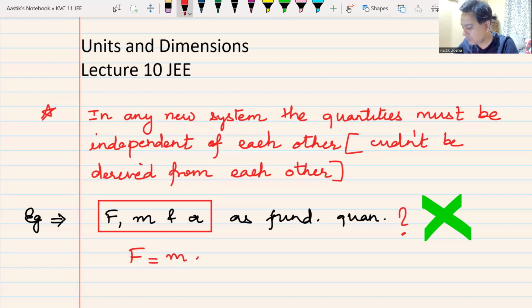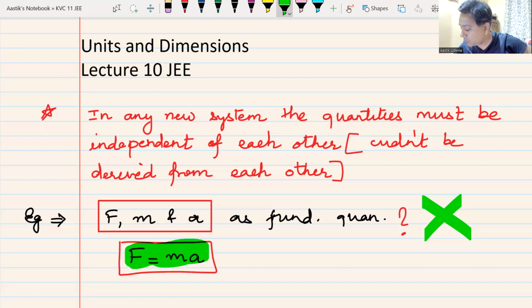So these three are not fundamental quantities because they can be derived from each other, and therefore I cannot have a system which has F, M, and A as the fundamental quantities. Do we understand this? So if I create a fundamental system, the quantities must be independent of each other, otherwise the system cannot exist.